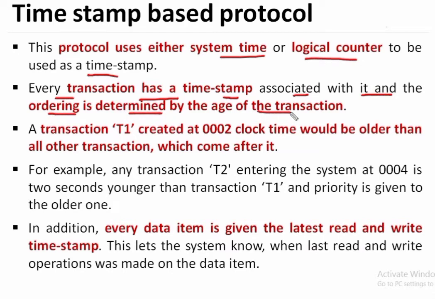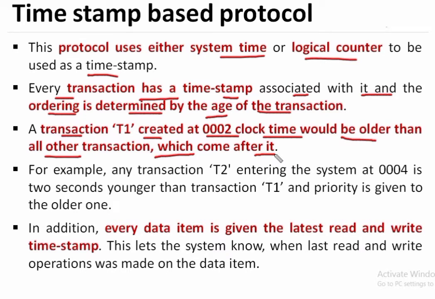Now we can identify the age of a transaction by its time, because age is nothing but the time at which the transaction started. A transaction T1, suppose created at clock time 0002, would be older than all other transactions that come after it.